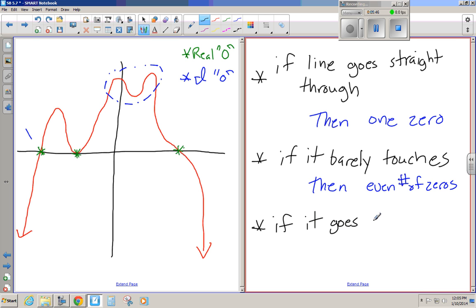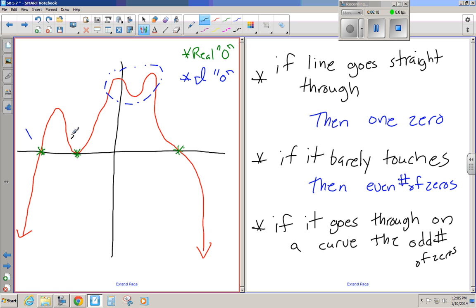If it goes through... So right here, oh, sorry. So this is an even number of zeros. This is an odd number of zeros.